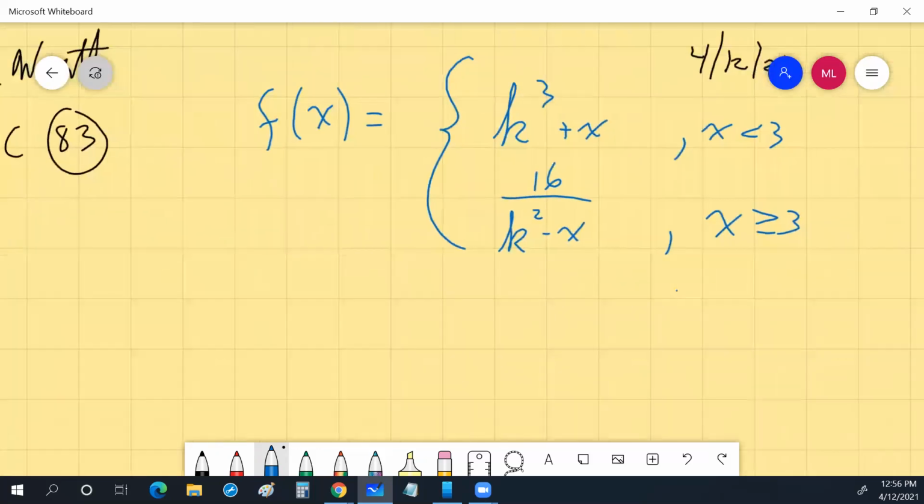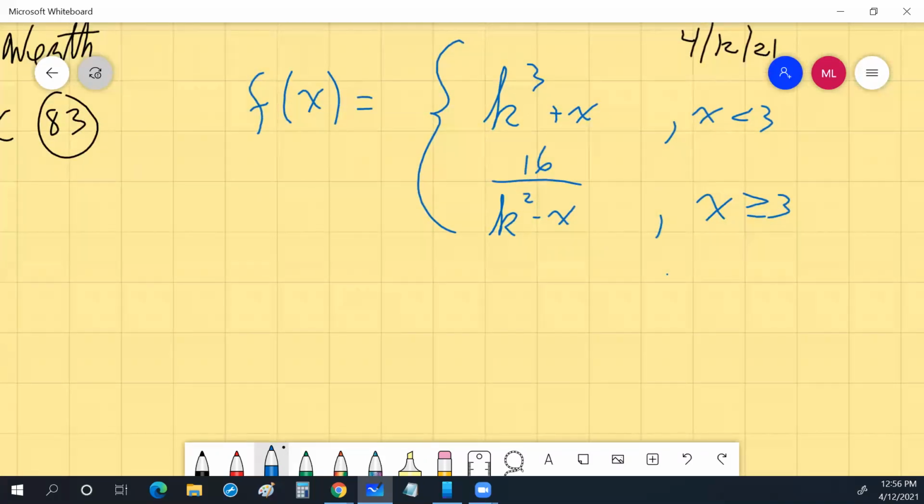So this is our function. And they said, for what values of k is this function continuous?